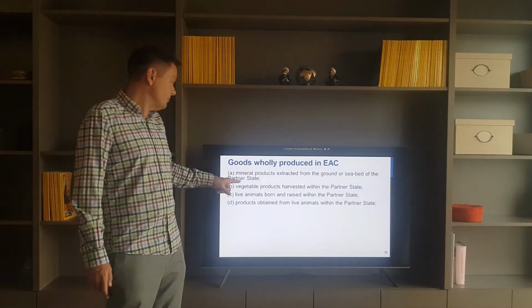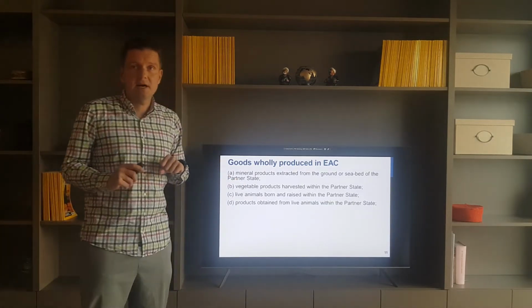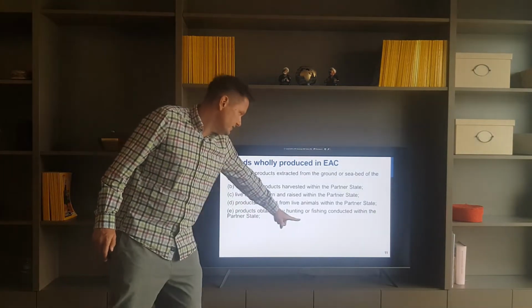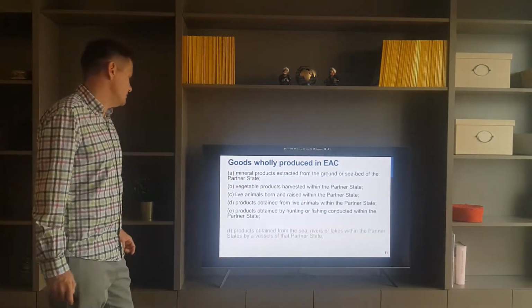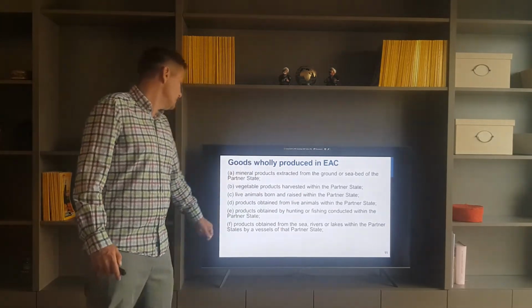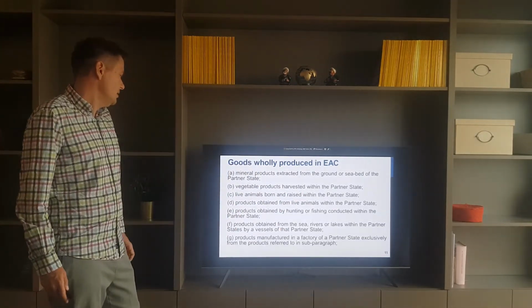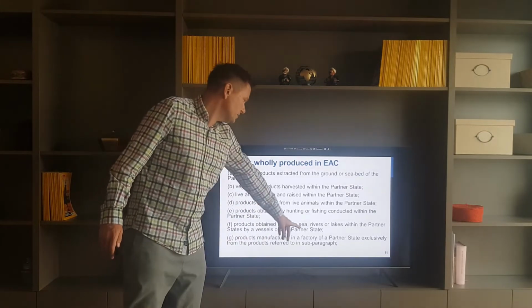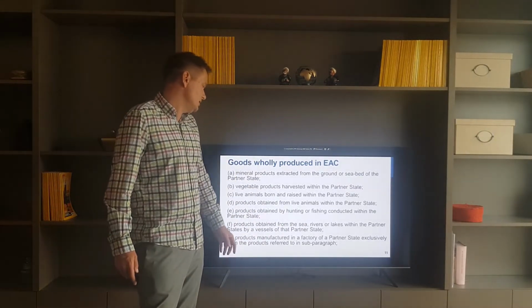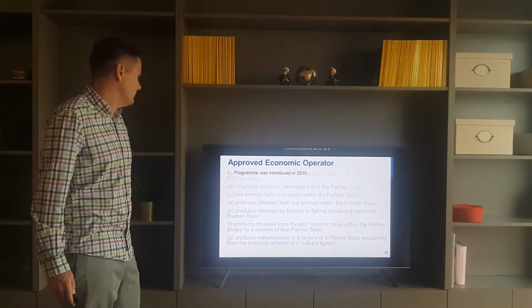Products obtained from live animals that are born and raised within the community. Products obtained by hunting and fishing conducted within the partner state. Products obtained from sea, rivers, lakes within the partner state. Products manufactured in a factory of a partner state exclusively from products referred to in the subparagraph.